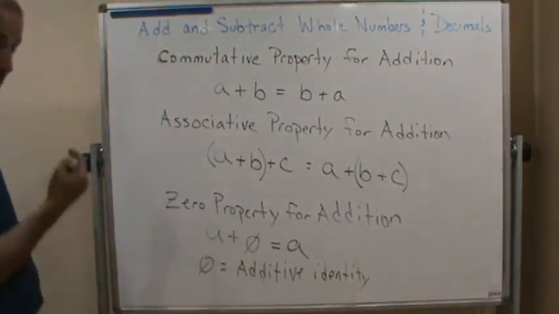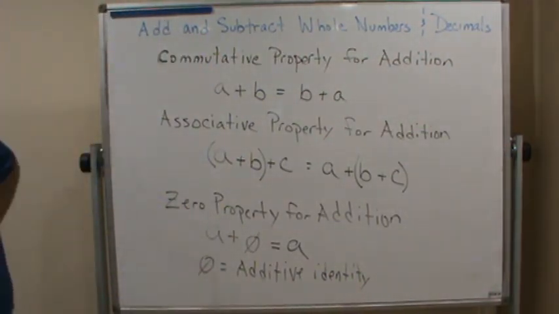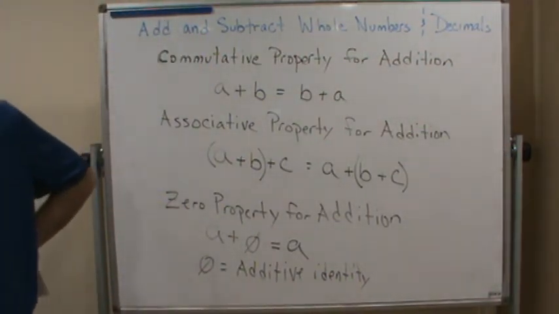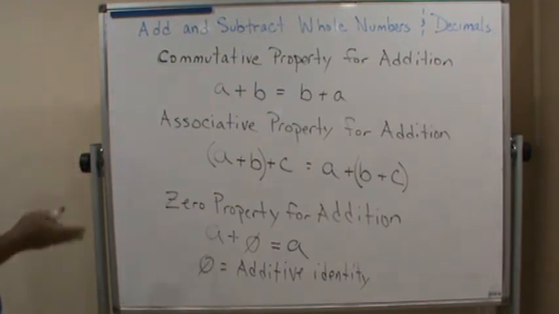You can take the additive identity, which is 0, add it to any other number, and you'll get the same number out. It leaves the number unchanged. That is the zero property for addition.